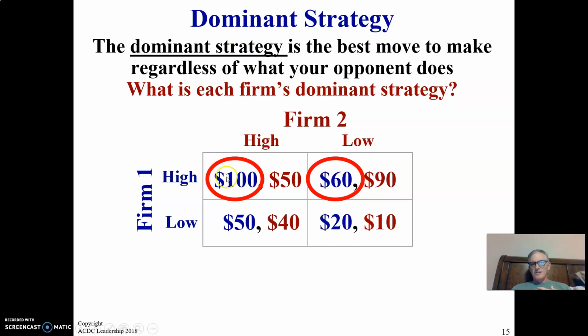In other words, it doesn't really matter what firm two were to do because they're going to make the most profit in both of those scenarios. So that's different than the prisoner's dilemma. That's different than the matrix of just pricing high and low that we looked at a minute ago.